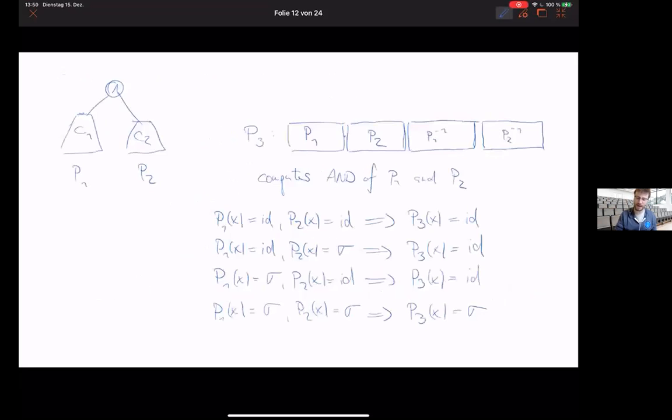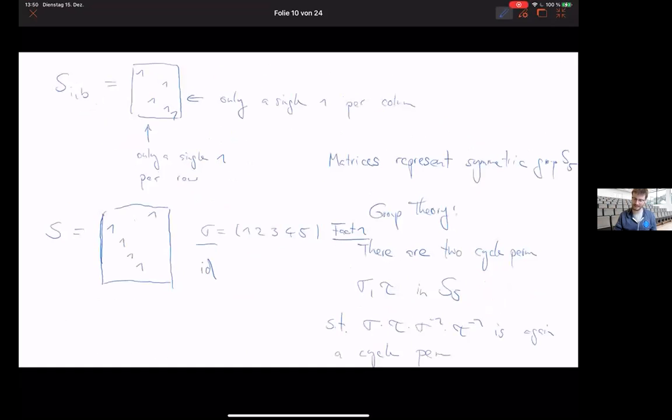However, if we go back 3 slides, we have this fact 1, which says that there are 2 cycle permutations, sigma and tau. Let's say sigma is this sigma here, such that sigma times tau times sigma inverse times tau inverse is again a cycle permutation.